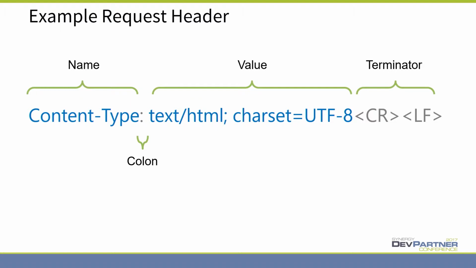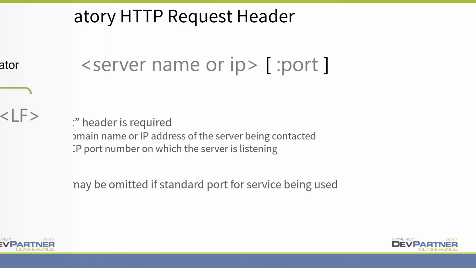If you've ever done email attachments, it's the same kind of thing. It's text/XML or application/XML or text/PDF or whatever it is. And sometimes the character set, if you're using different character sets, you can include on there. So that's just an example of a header. Content type is text/HTML in this case.